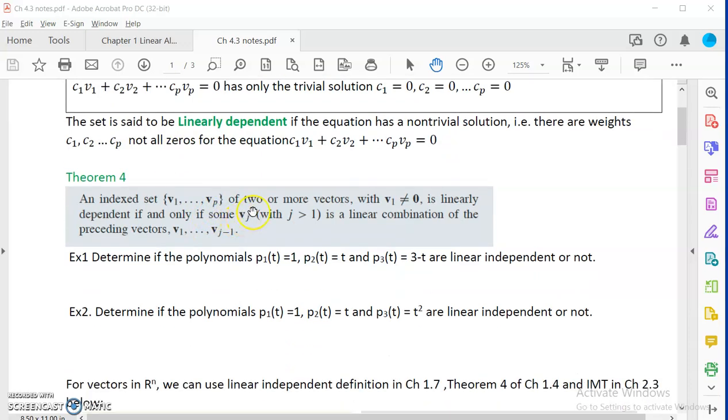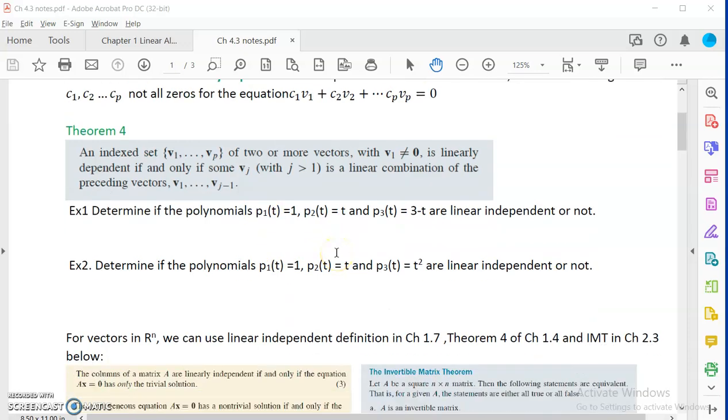And a theorem, which is the same as what we talked about in 1.7: if you have one vector that is a linear combination of the other vectors in the set, then this whole set is dependent, because you can then find this set of non-zero c1, c2, and cp.